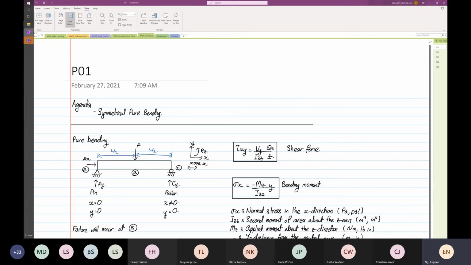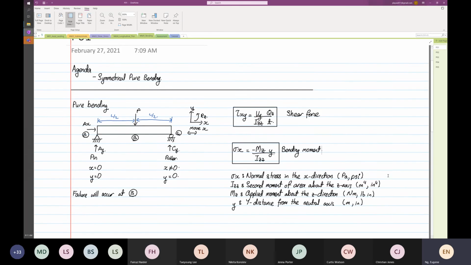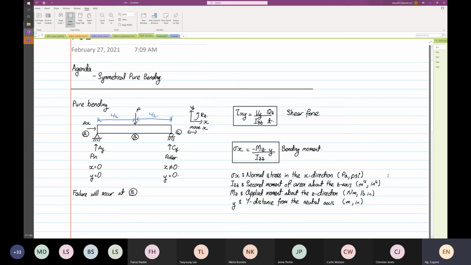So what we calculate down here in terms of moment, in terms of stress X, this equation over here, okay, it calculates the, something happened. Microsoft, it always does this.